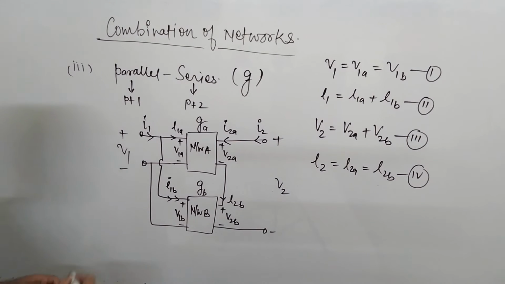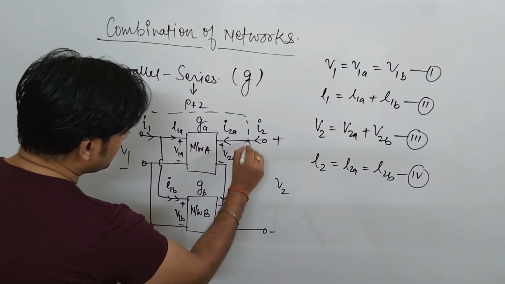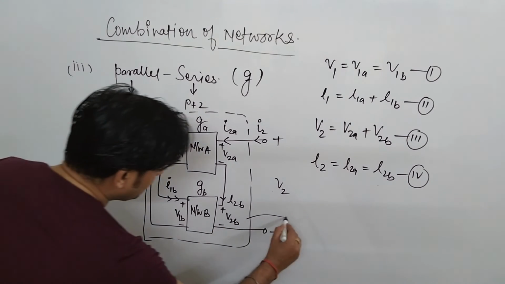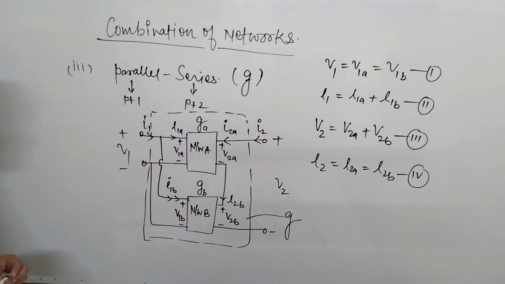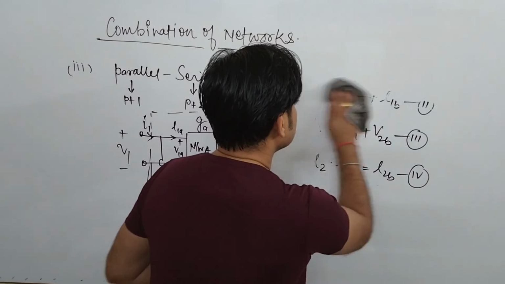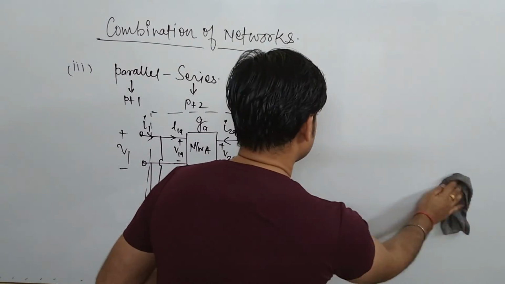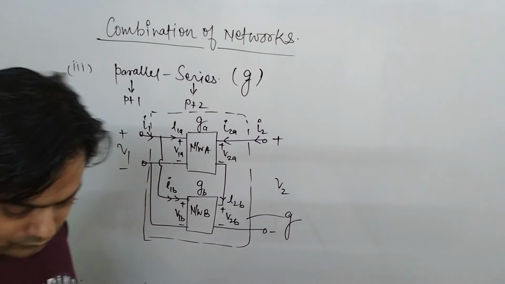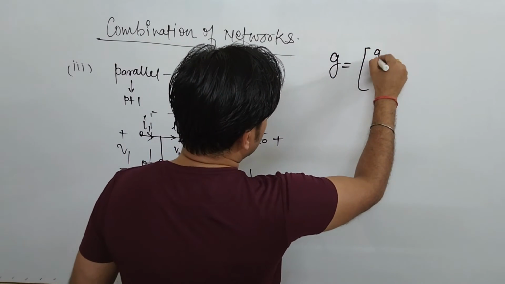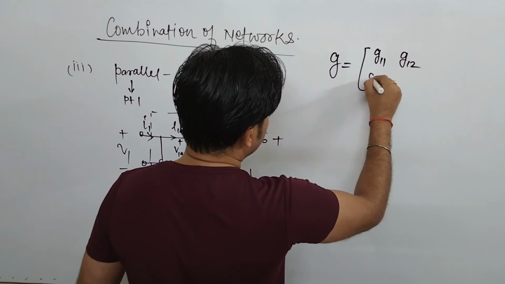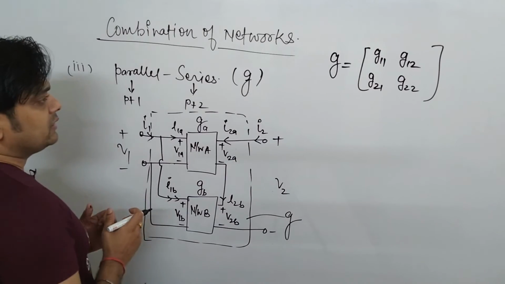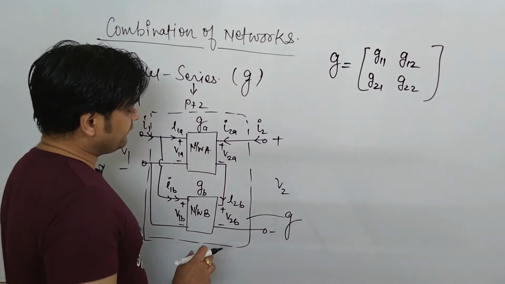This entire thing is in the form of the G matrix, and here you have to find this capital G, so it is in the form of G11, G12, G21, G22. So this is the G matrix of this entire two-port network.